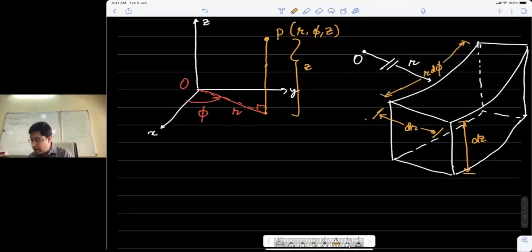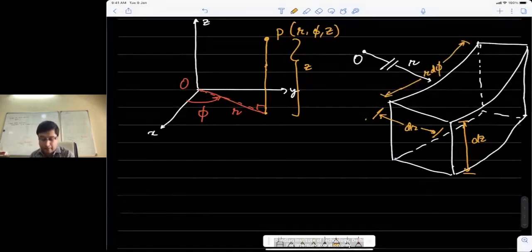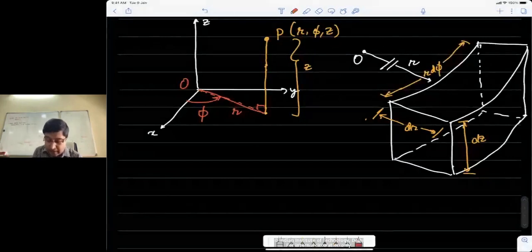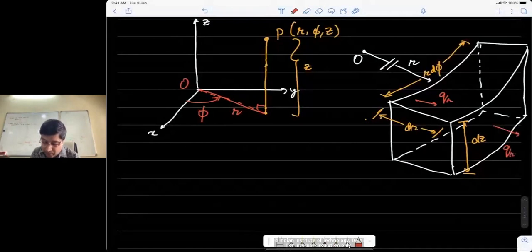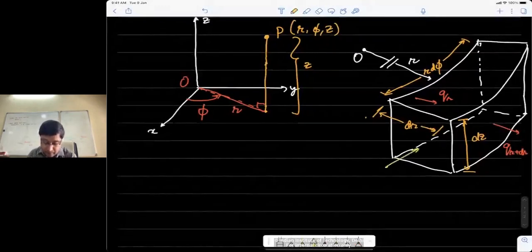So in this differential volume now, we can apply energy conservation again. For instance, at the back face, which is in the radial direction, there would be some q_r coming in, and what would be leaving here is q_(r+dr), normal to that face. And then we have q_phi coming in, and what is leaving is q_(phi+dphi).